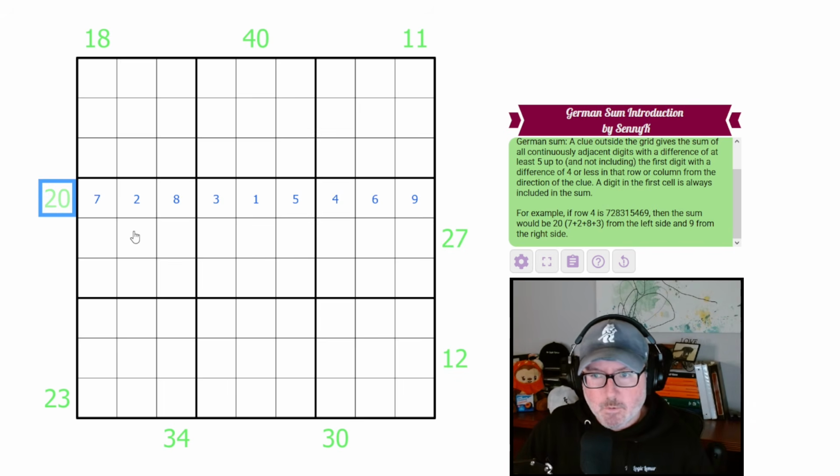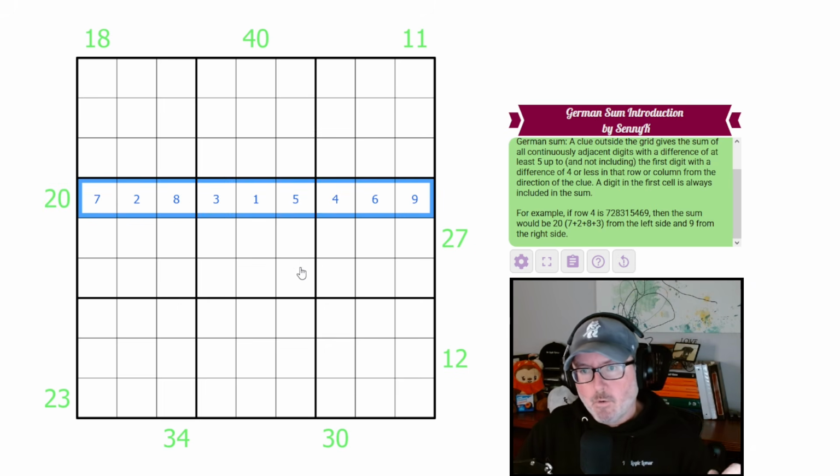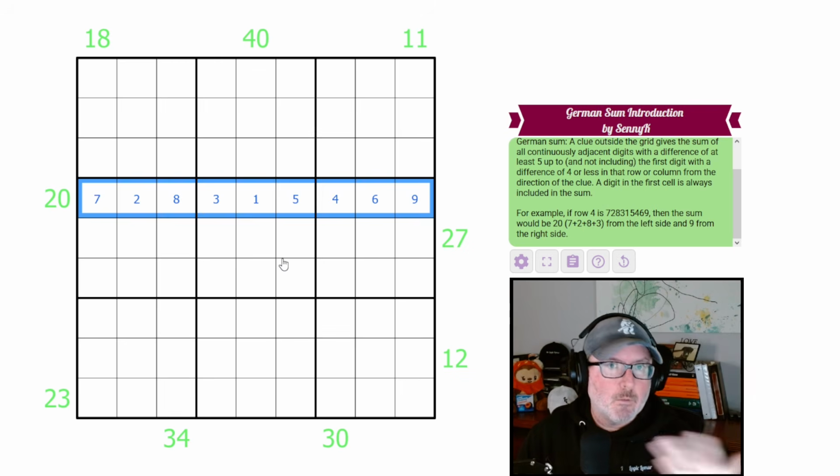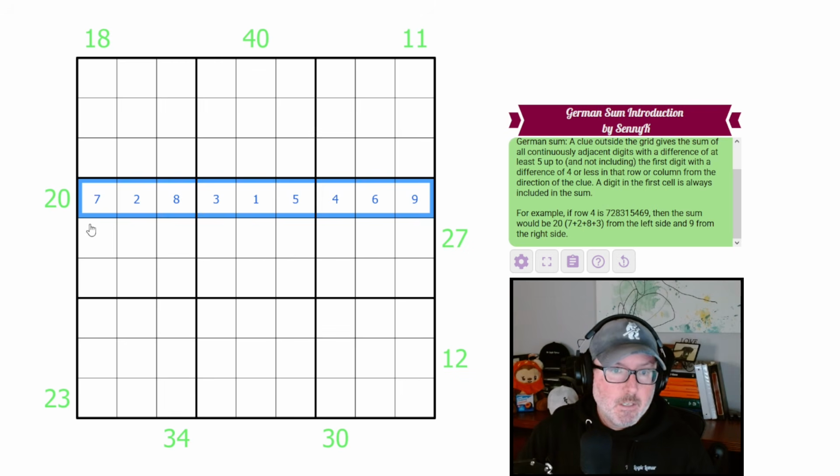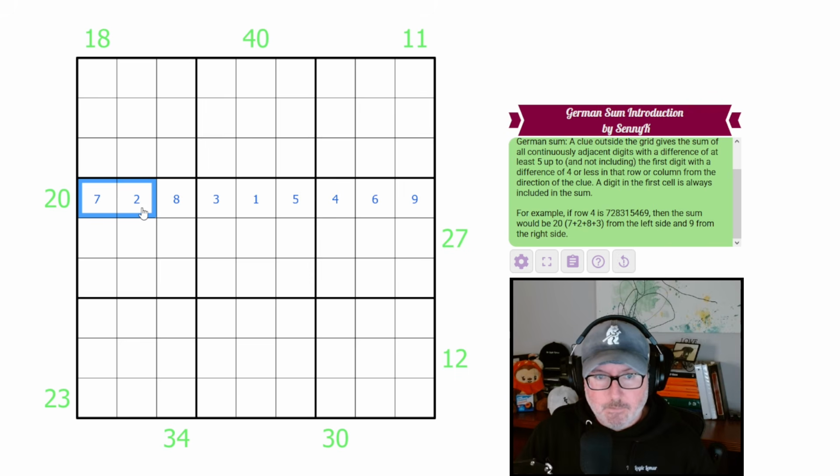It would include, from the left side, all of the digits up to the point where something breaks the German whisper style of clue. So the 7 is 5 away from the 2, the 2 is 5 away from the 8, the 8 is 5 away from the 3, or more, I should say. And then once we hit this 1, we've just broken the German whisper. So this is what would be added together. If you look at what those are, they add to 20. So that is the concept here.